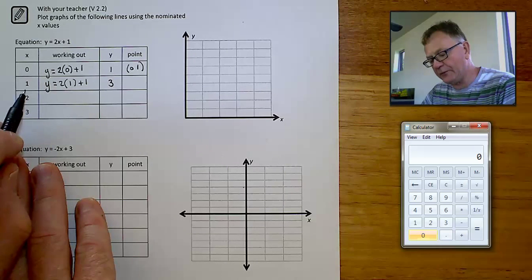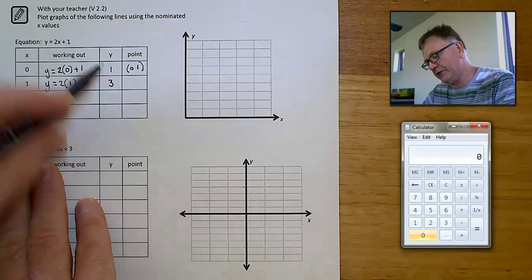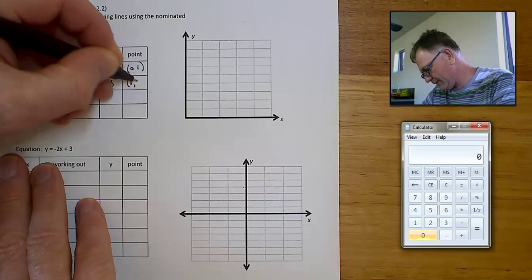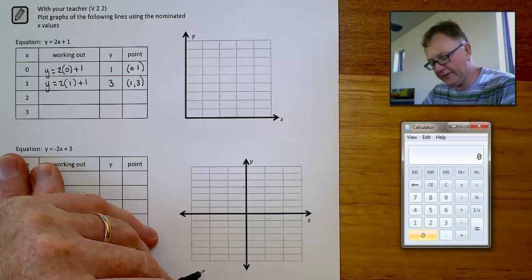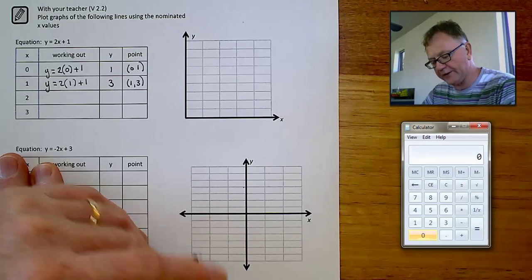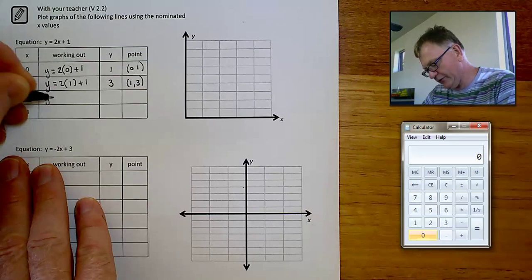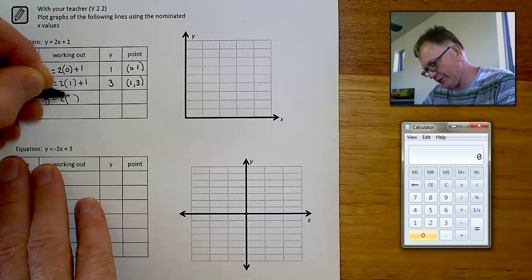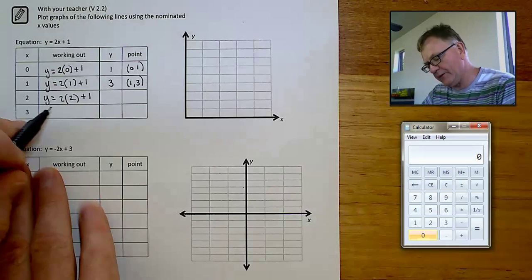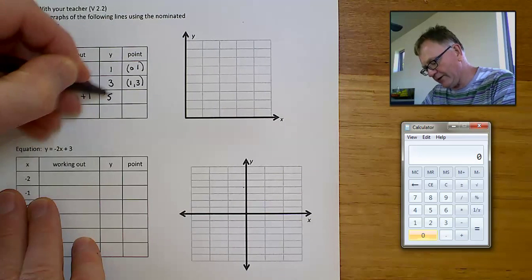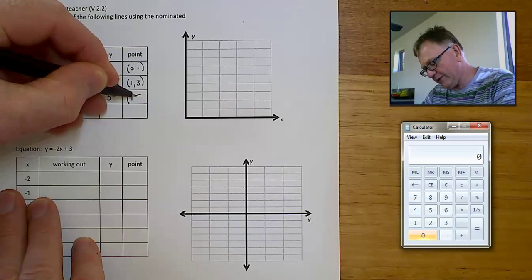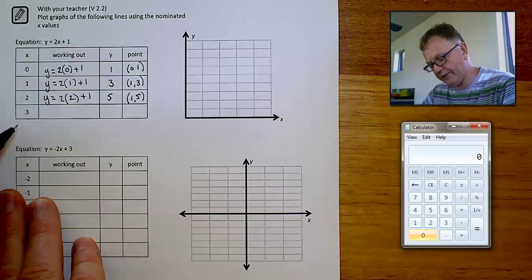So in other words, the point x equals 1, y equals 3 is a point on our graph. When x equals 2, what does y equal? y equals 2 times 2 plus 1 more. 2 times 2 is 4 and 1 more is 5. The point 2, 5 is a point on our graph.